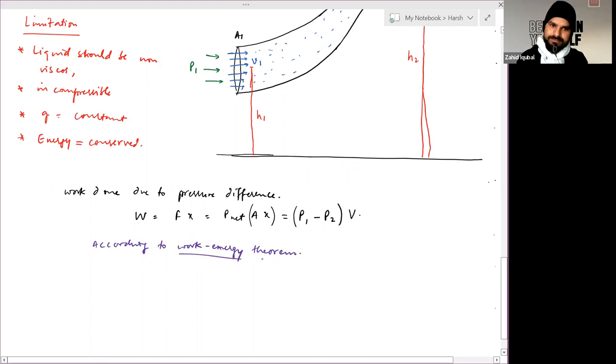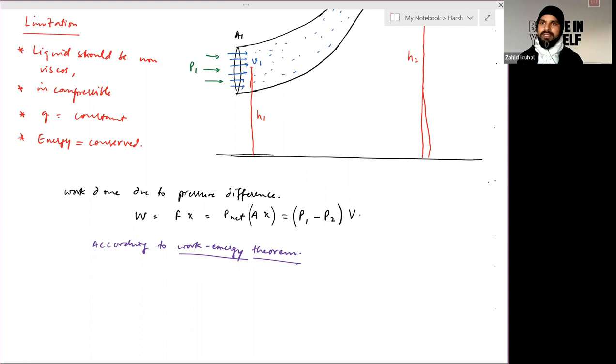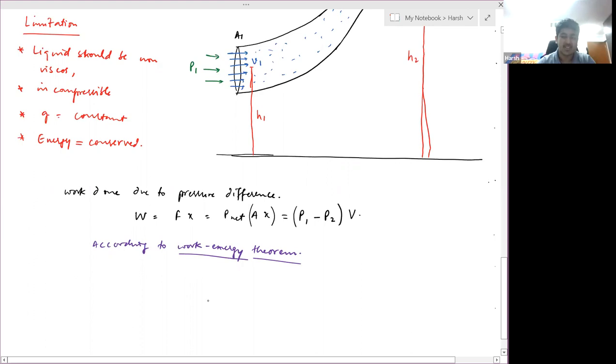Work done by any external agency, or work done by any non-conservative force, must equal the change in kinetic energy and change in potential energy.